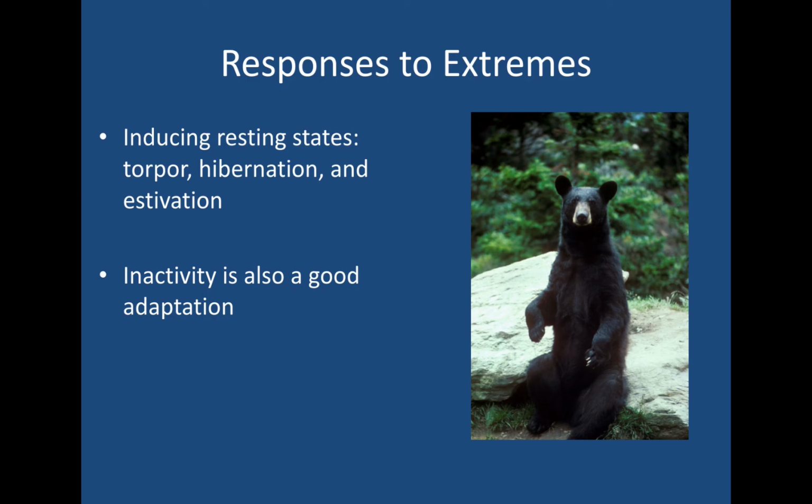Many organisms, however, enter periods of inactivity when temperature extremes are concerned. So some animals and some plants induce resting states. These resting states include hibernation and estivation, which are periods wherein animals reduce their metabolic rates.